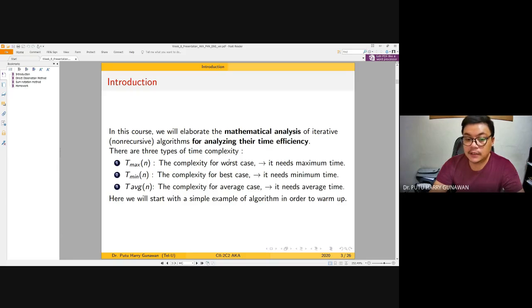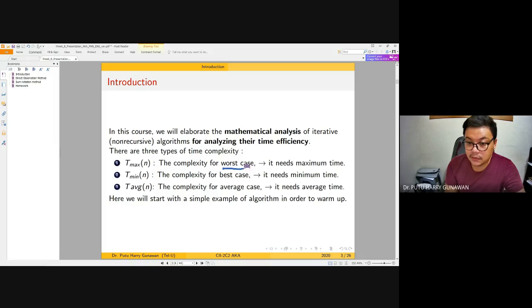The first one is the Tmax. So what is Tmax? Tmax is the function of time complexity of an algorithm when it needs maximum time. So we can call that Tmax is the worst case.